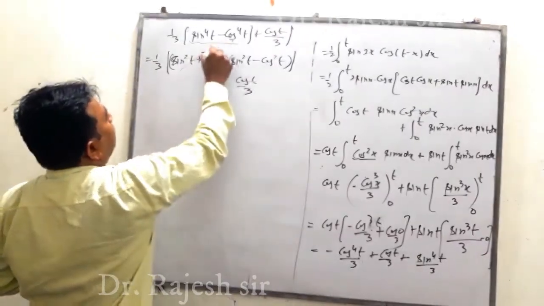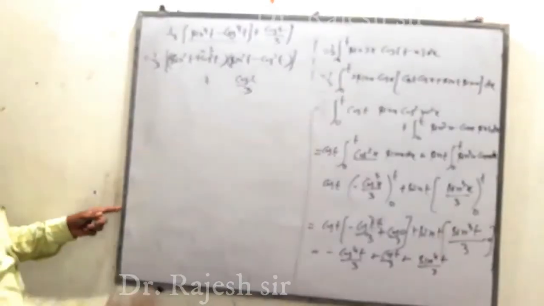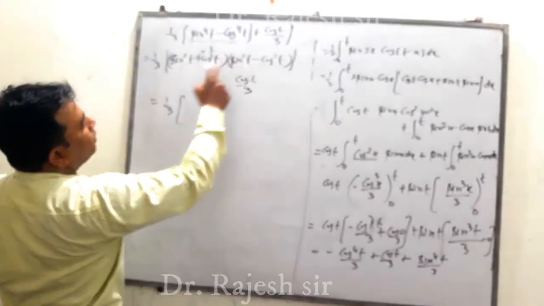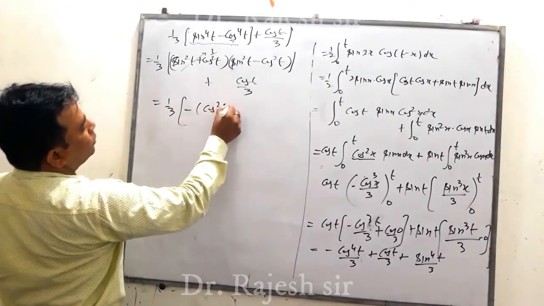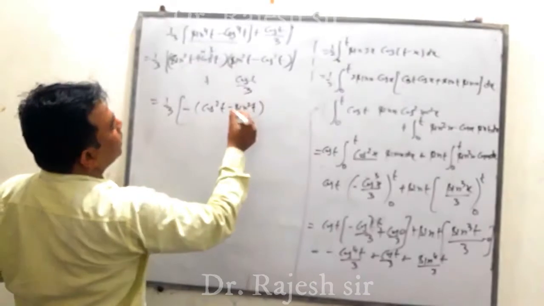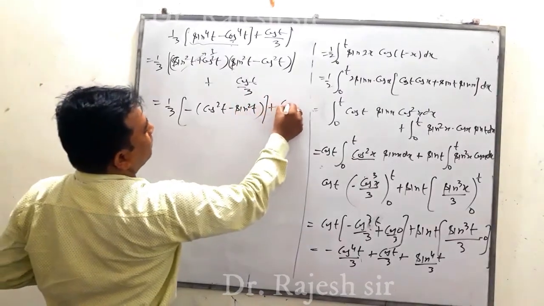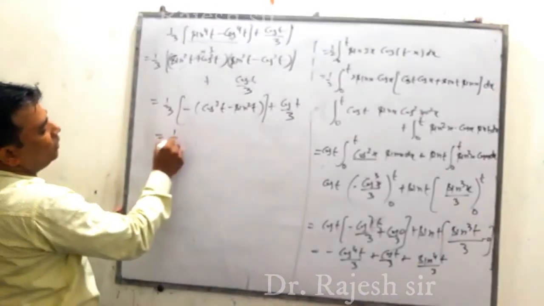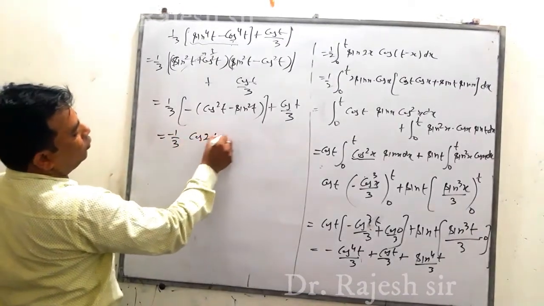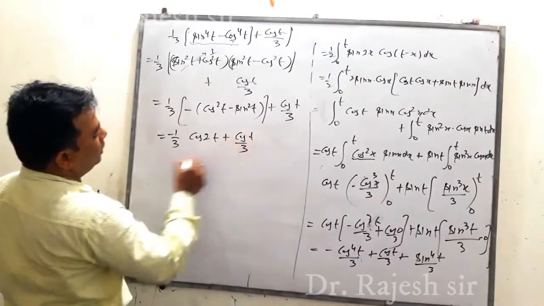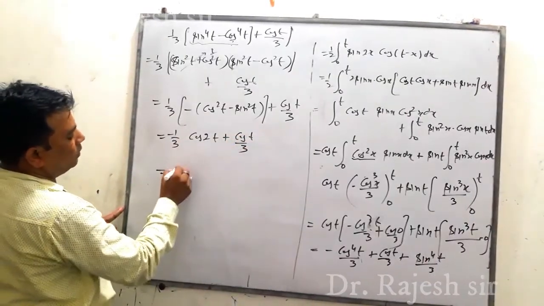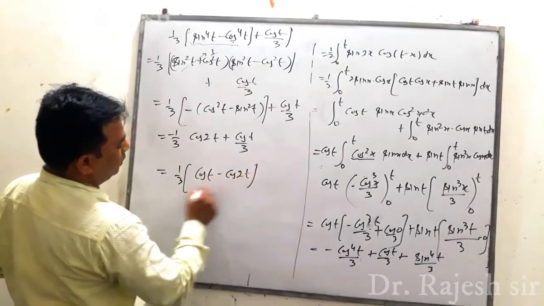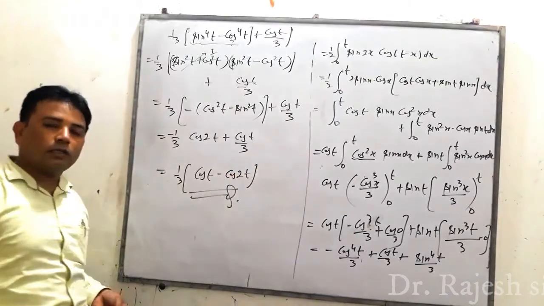The value of sin square theta plus cos square theta is 1, equal to 1 by 3, and taking out minus as common, minus cos square t minus sin square t plus cos t upon 3. So this formula is cos 2t, cos of 2t plus cos t upon 3. Write down this: 1 by 3 cos t minus cos of 2t. This is the required answer of this question.